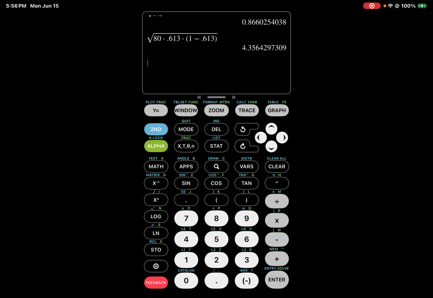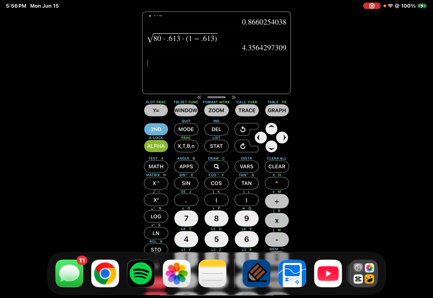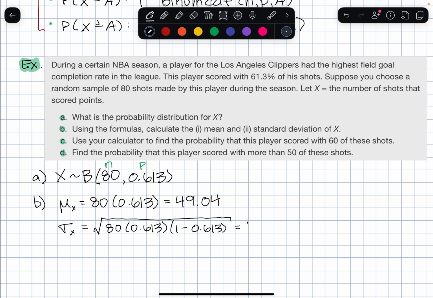And I get 4.36. Which is pretty small compared to a success average of 49 shots. So he's fairly consistent. Out of 80 shots, he's going to make about 49 of them, plus or minus about 4-ish.